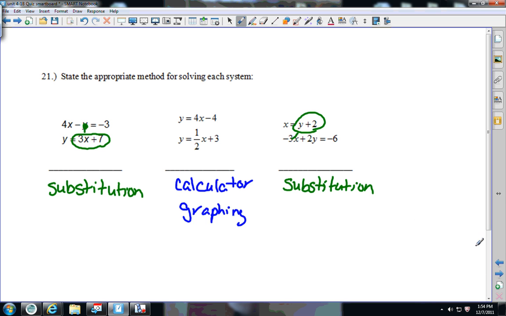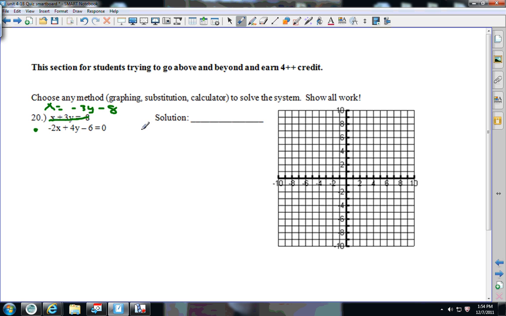Okay, let's go back a minute. I'll go ahead and solve this one. I had some people asking me to solve this by substitution. So let me write x equals negative 3y minus 8. Okay, so let me erase up here. I'm going to get rid of this because I solved for x. Now I'm going to take this and substitute it in here for x.